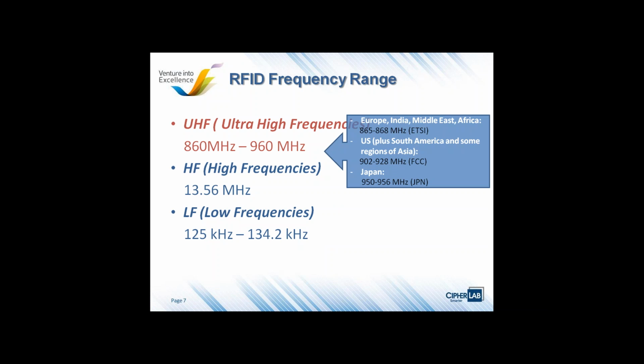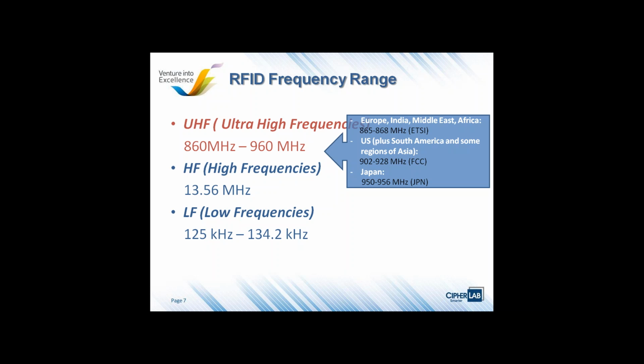As I mentioned just now, different countries have different frequencies. Europe, India, Middle East, Africa are 864 to 868 megahertz. In the United States it is 902 to 958. Japan is 952 to 956.